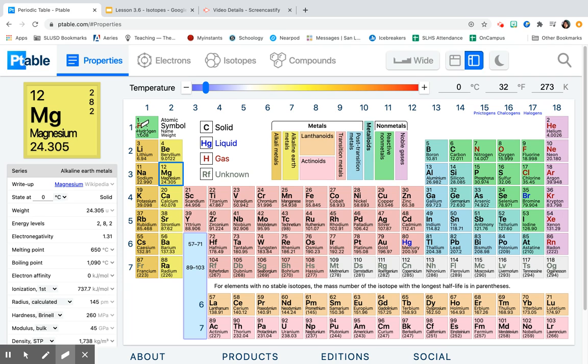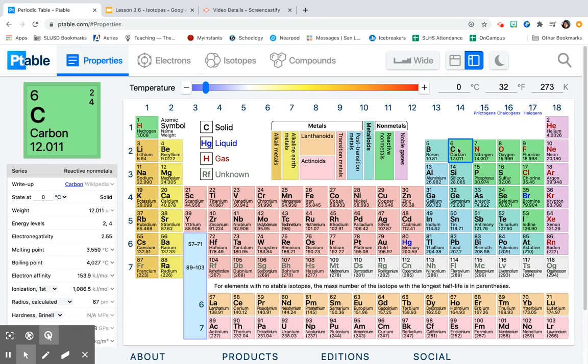Usually as a habit, if I don't have these memorized, I'll start from the upper left, look straight across, looking for carbon. Boom, there it is, carbon. Right, so if I click on this, let's make it bigger. So this carbon has 6 protons because the top number is 6.